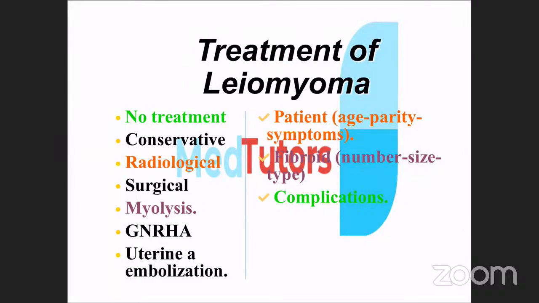She wants to retain her uterus, either for reproduction or just for her self-esteem, you do myomectomy. If she's not fit for surgery, you do either conservative medical management, or you do radiology if it's available.